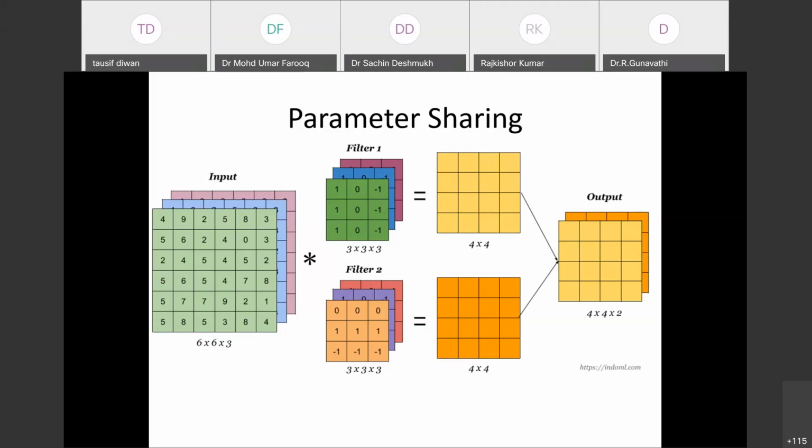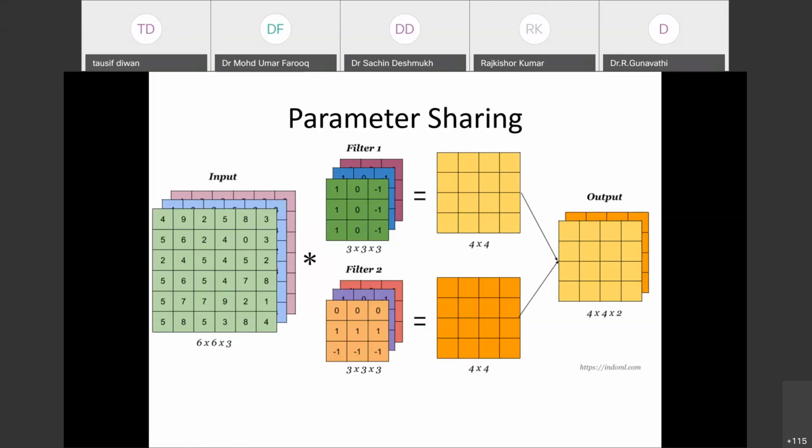Okay, let me explain this. What is the definition of parameter? Parameter is nothing but the weight plus bias. If we consider this filter 1, how many channels are there in this filter? 3 channels.